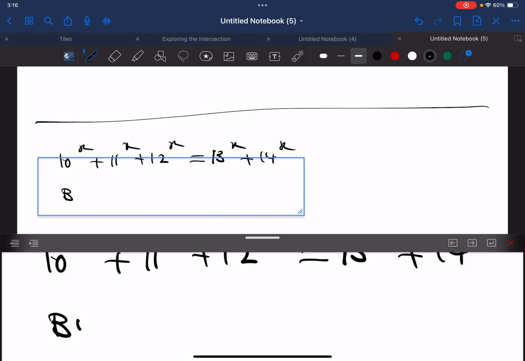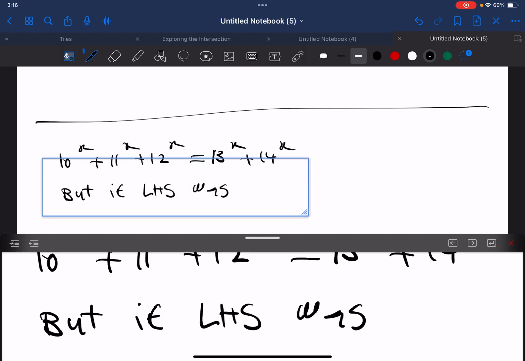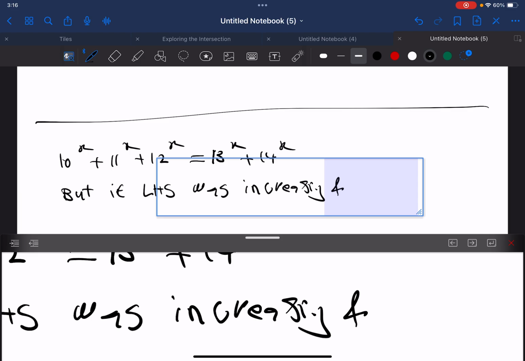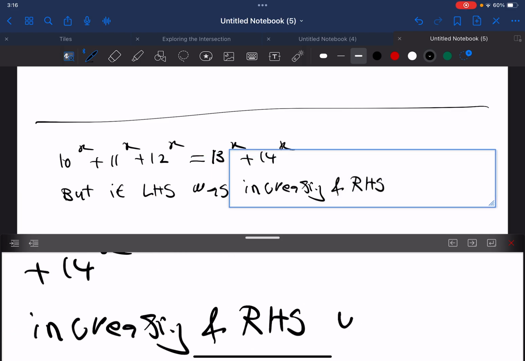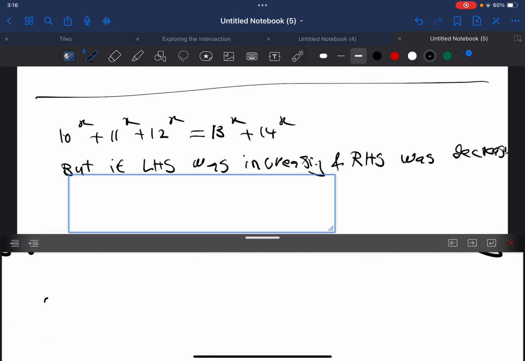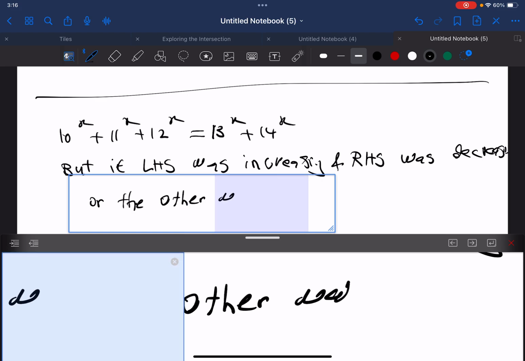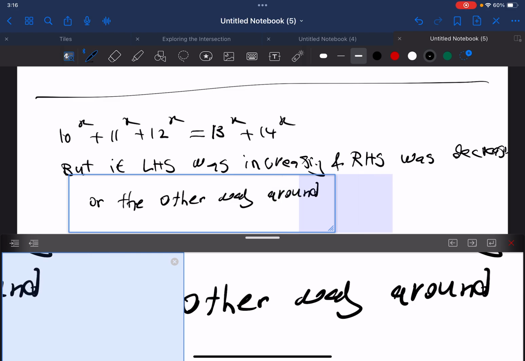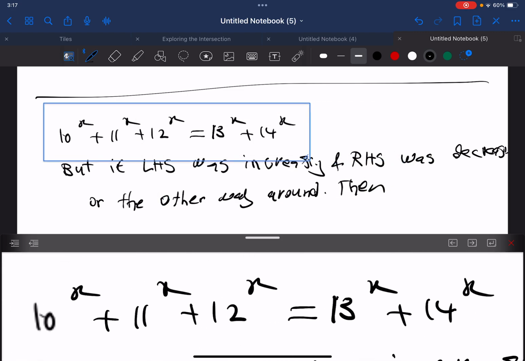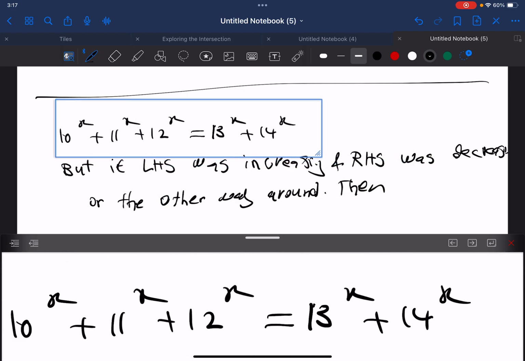But if the left-hand side was increasing, and the right-hand side was decreasing, or the other way around, then we could easily conclude that this equation has at most one solution, right?